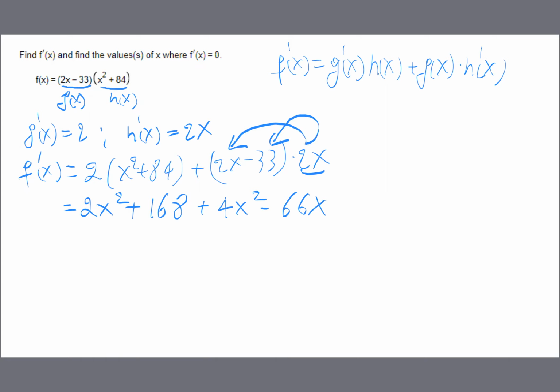Simplify this: 6x squared minus 66x plus 168. So f prime of x is 6x squared minus 66x plus 168.